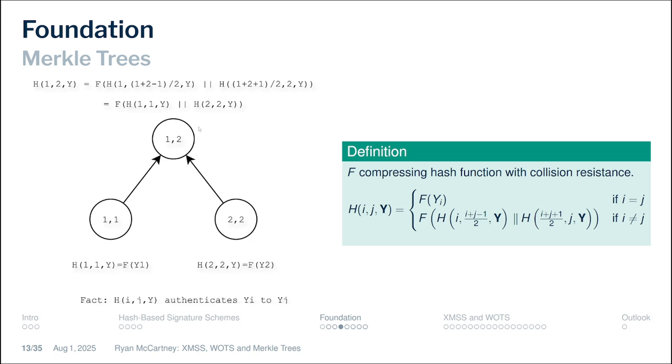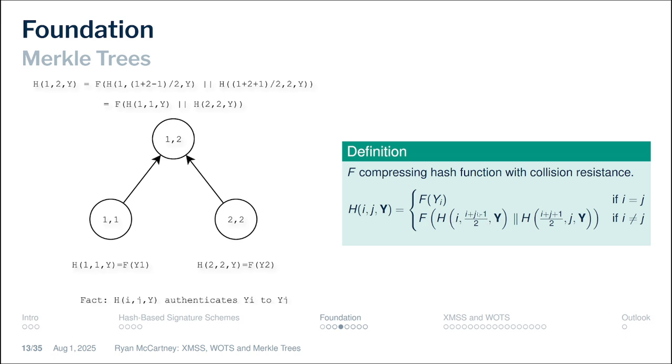And in order to arrive at the root node, which A will give us as a representative of both y1 and y2, you have to take these 2 values and concatenate them together, and then finally hash them. That's what's written here.